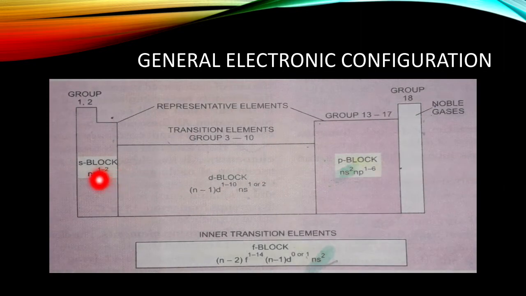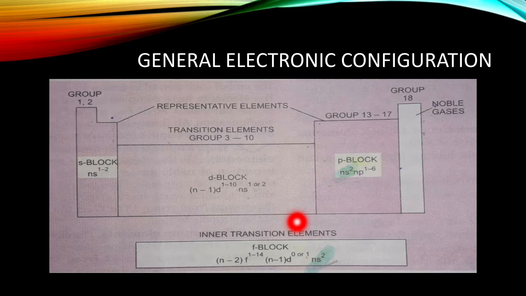Thereafter you must know the electronic configuration of the blocks. For the first, it is ns1 to 2, for S block elements. For P block elements, the general configuration is ns2 np1 to 6. For D block, (n-1)d1 to 10 ns1 or 2. The same is with F block: (n-2)f1 to 14, (n-1)d0 to 1 and ns2.